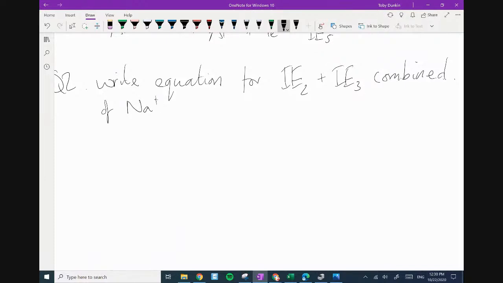So we put in sodium gas. But hang on, I want to do ionization 2 and 3. If I'm starting with 2, it must be sodium +1. I'm going to ionize it once to sodium +2 and ionize it again, so I'm going to end up at sodium +3. Ionization number 2 would take us to this, and ionization number 3 would take me to that. Now I can get rid of the middle ground because I'm combining them, and I'm going to have 2 electrons spat out on the side.